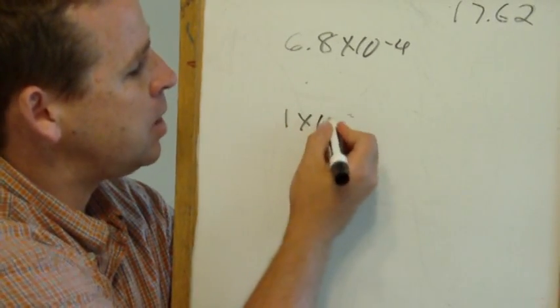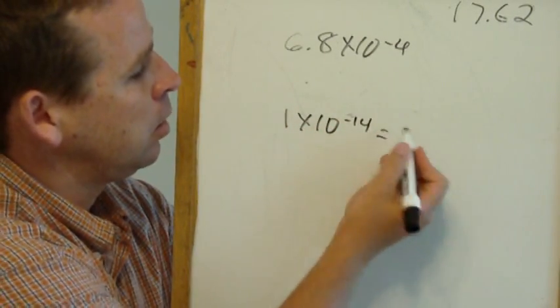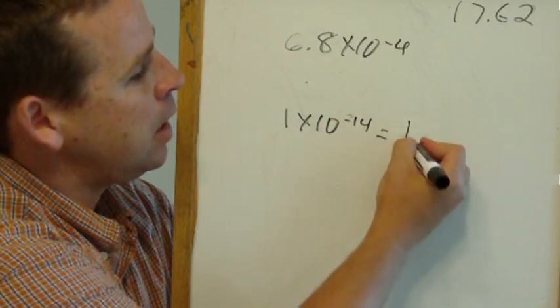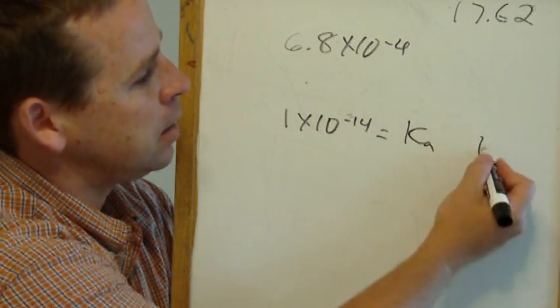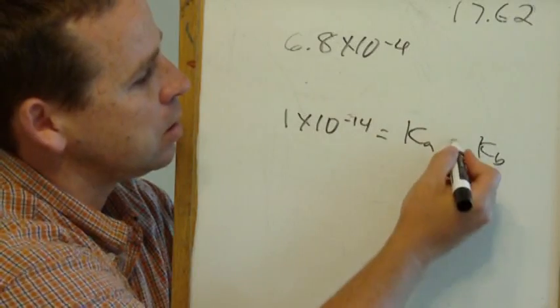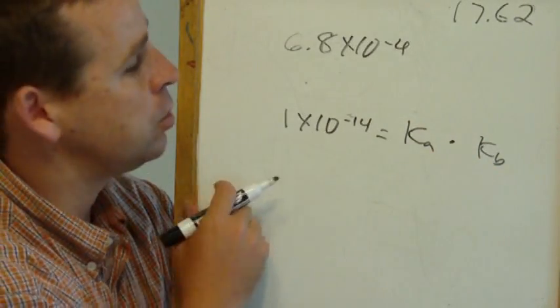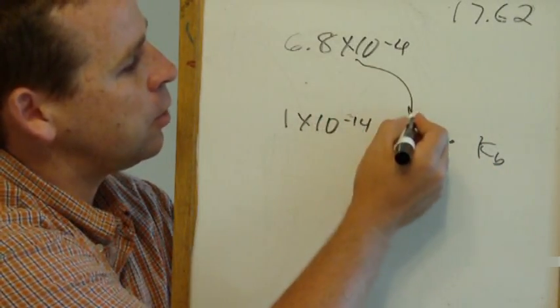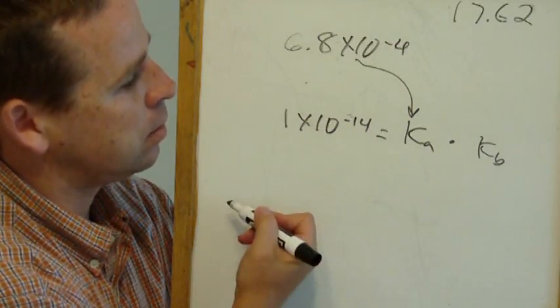So 1 times 10 to the minus 14 will equal the Ka for the acid times the Kb for its conjugate base. The product of those two.